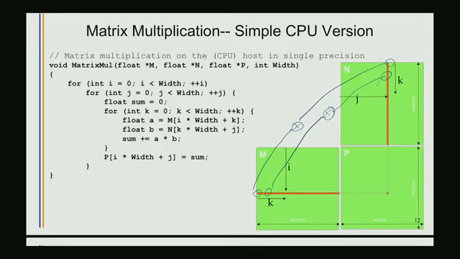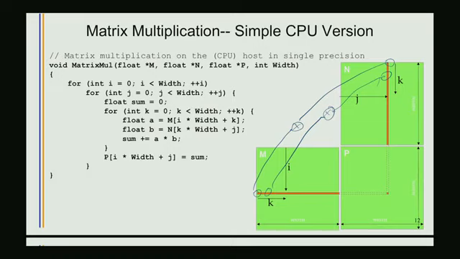For the dot product, I need to iterate through all the elements here, which happens to be the same as all the elements there, and calculate what I need to calculate. I get the element of M, which is A, and the element of N, which is B, multiply them together and add them to the sum.